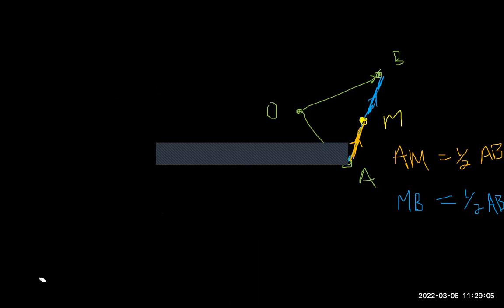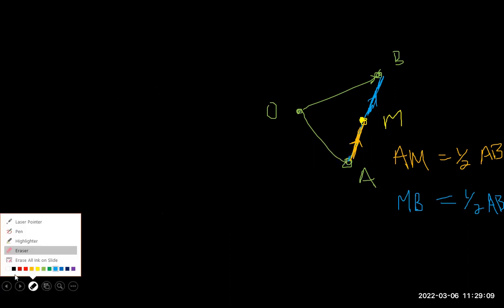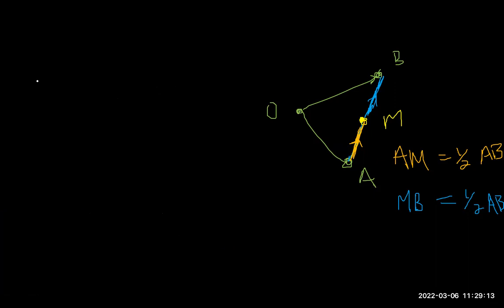So just like what we were doing just now, it's the same thing you're doing, right? Same concept applies. So I'm trying to find position vector OM. I know that they gave me OA, they gave me OB, and I just found out that I can also use AM, which is a half AB, or MB, which is a half AB.